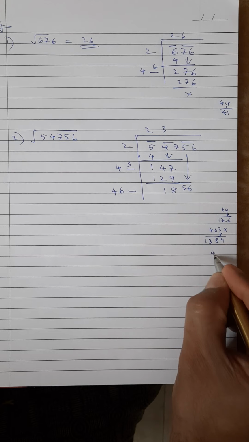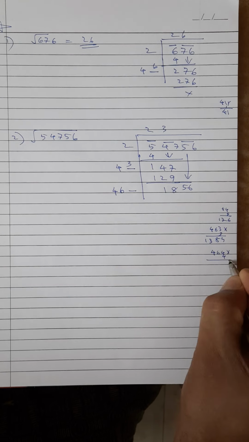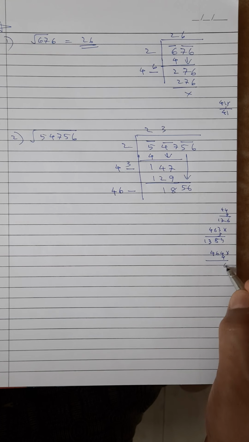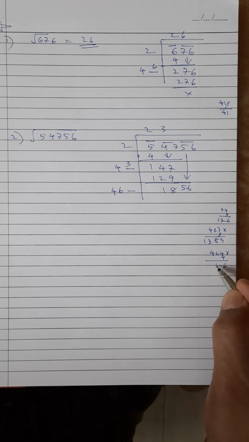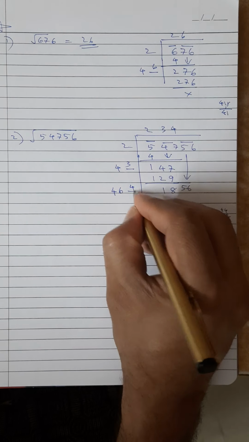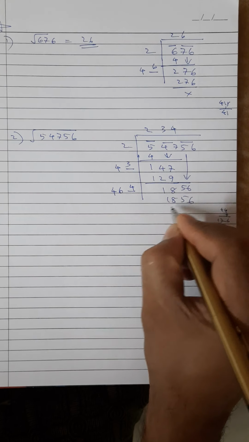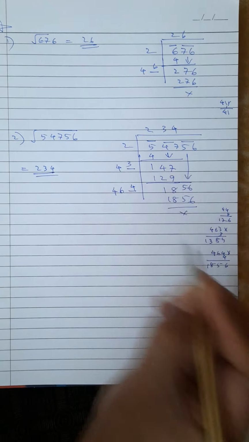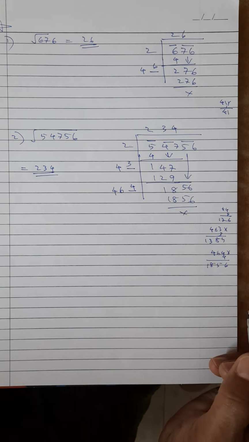So think about 464 into 4. It is only a trial method, okay? 4 will go. 4 4s are 16, 1856. So 4 is fitting properly, 1856. So the square root is 234. This is the procedure for the division method.